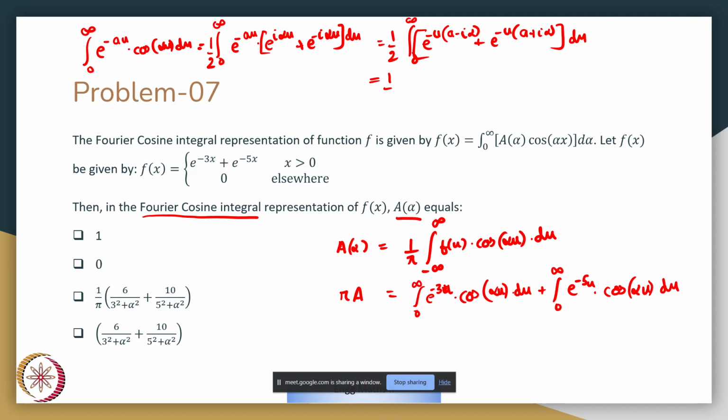So if I just integrate this, it turns out to be e raised to minus u times a minus alpha i upon a minus alpha i, minus of the whole thing, minus e raised to minus u times a plus alpha i upon a plus alpha i, when we take the limits from 0 to infinity. So once I plug in infinity, we'll have e raised to minus infinity times some complex constant, which should vanish.